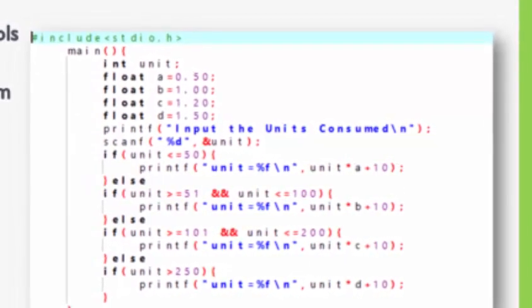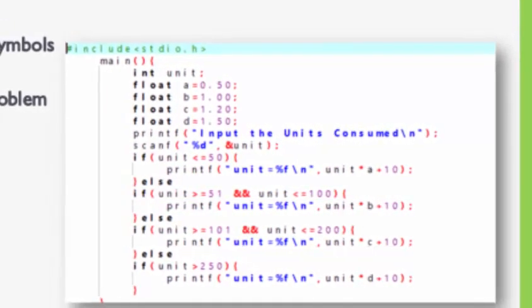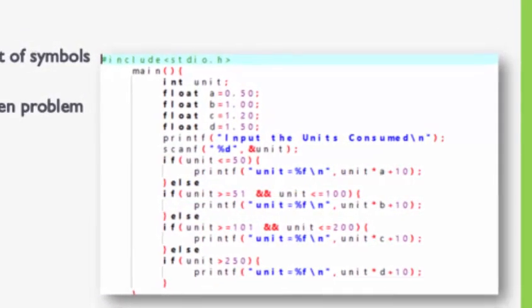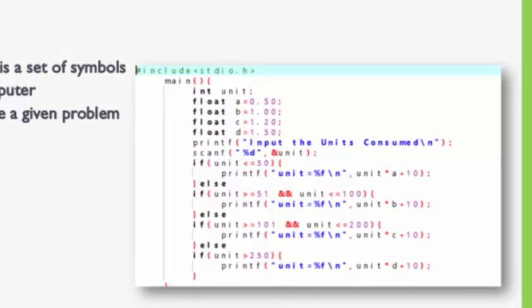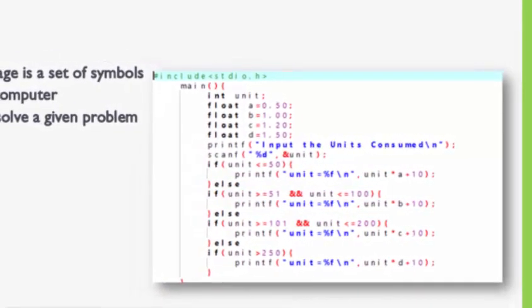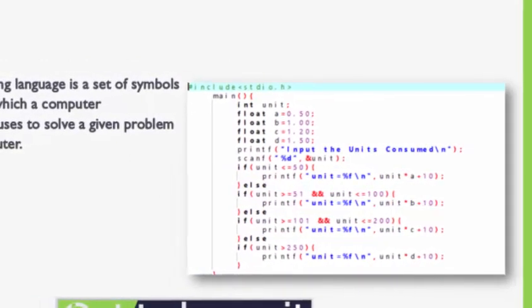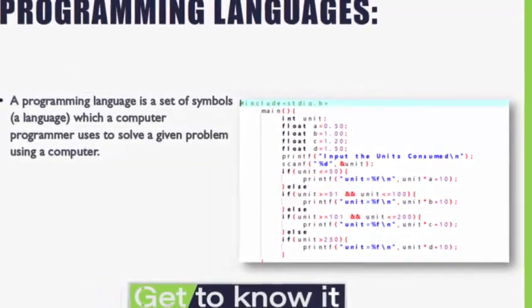And as the user, you may not be able to understand it right away. Again, these instructions are not just written. They are written in such a way that the computer will be able to translate them into something useful, or they are written in such a way that the computer will be able to understand them.